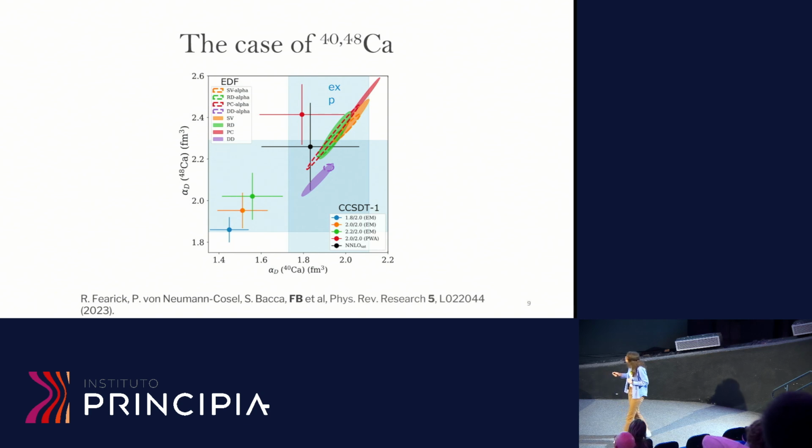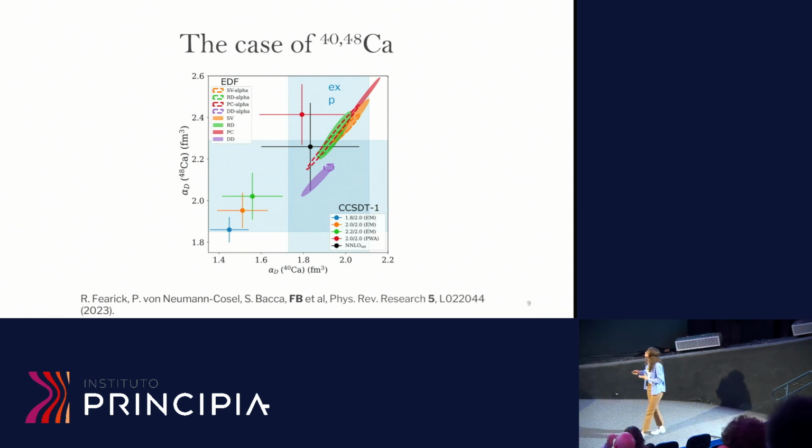We see that these two quantities show a nice linear correlation for both theoretical approaches. And also, we have both chiral EFT interactions as well as energy density functionals with which we are able to reproduce both the polarizability of calcium-40 and the polarizability of calcium-48.